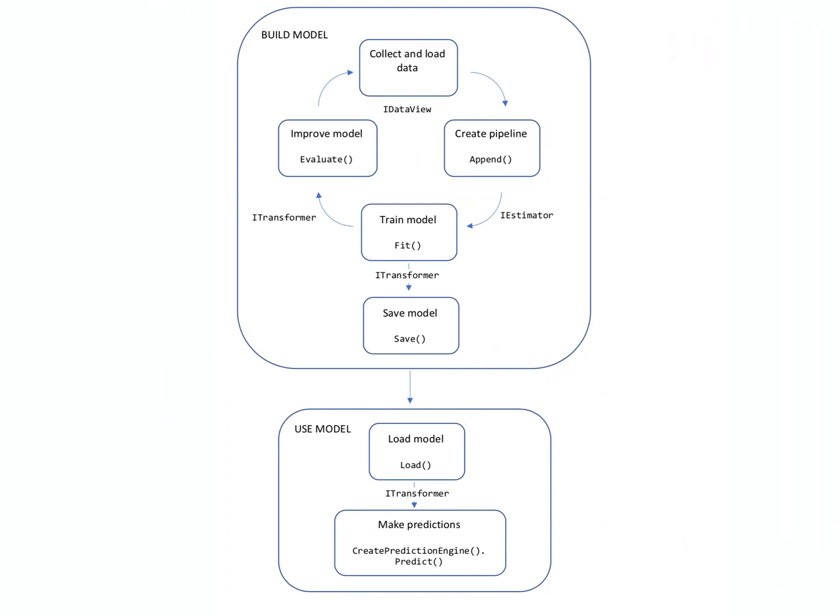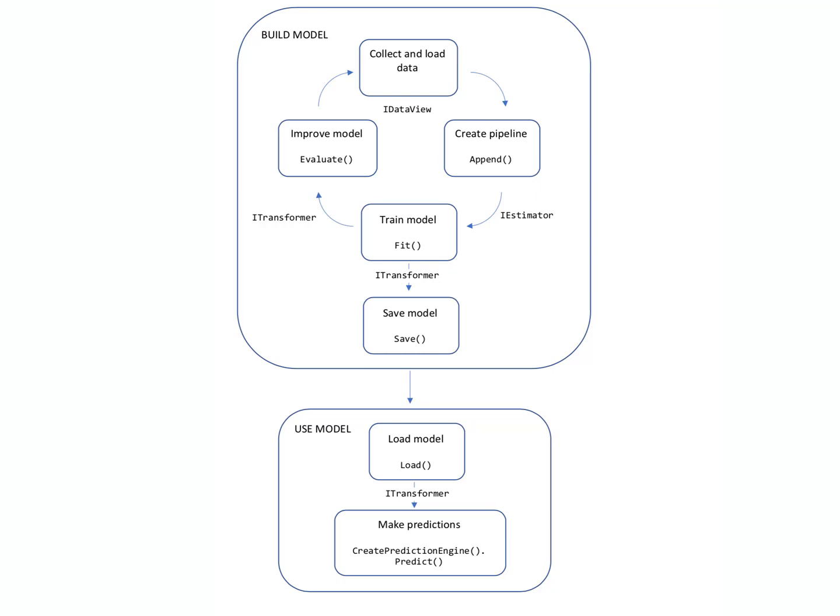So when you train a model using ML.NET, there are certain steps that are repetitive and that you always do, regardless of what kind of ML task you're trying to solve. Regardless if this is a classification or a regression problem, you still do these steps.